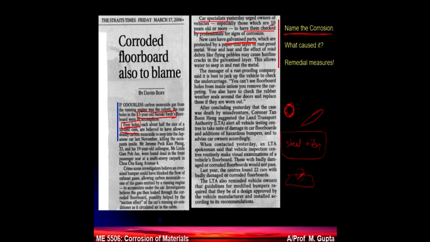Take 2 or 3 minutes, work on it. What caused it, and what can we do? What have we learned from this, how to manage crevice corrosion? So do you think it's a case of crevice corrosion?